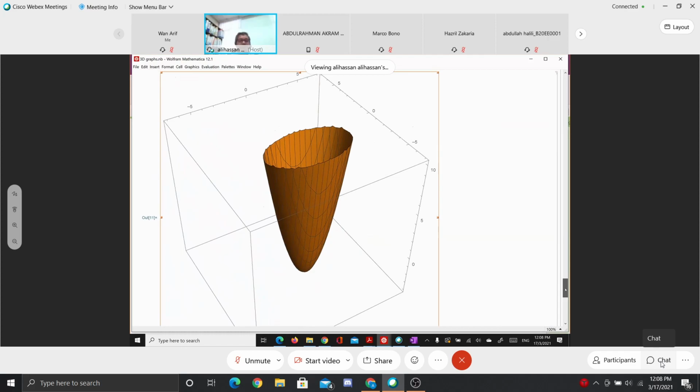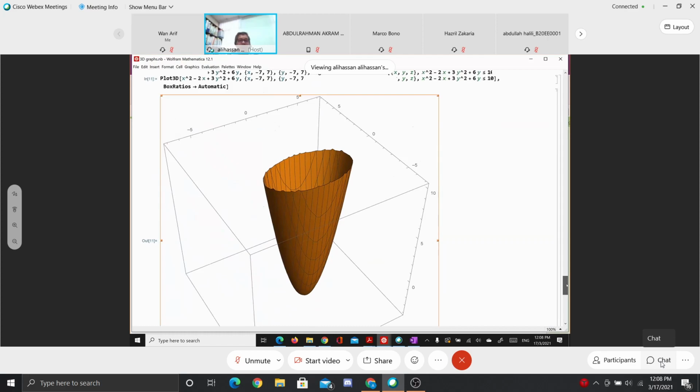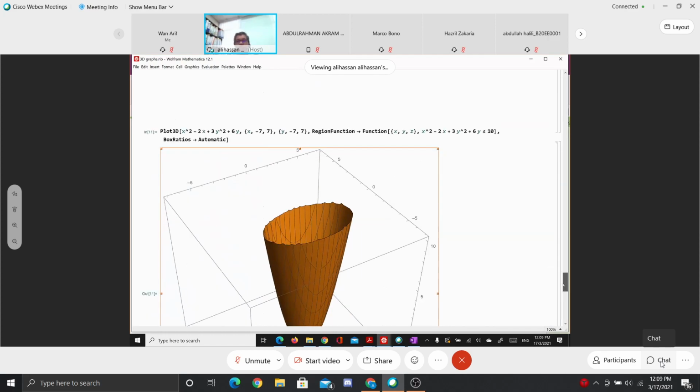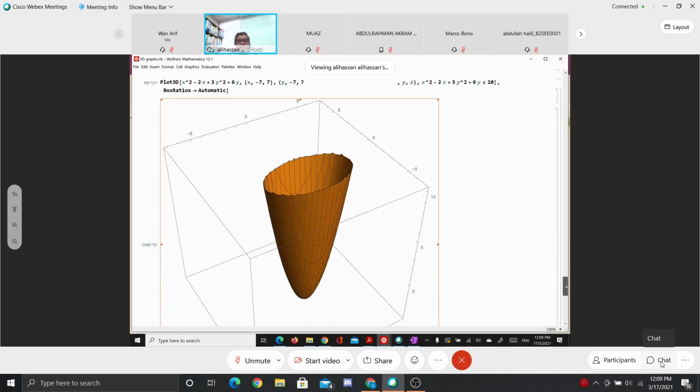So nowadays we have many mathematical software that can generate these surfaces very quickly. Have you heard of the software Mathematica? Yes, but never used.